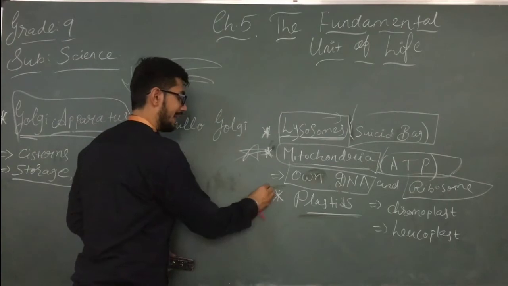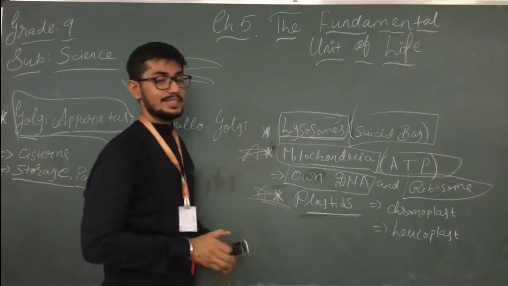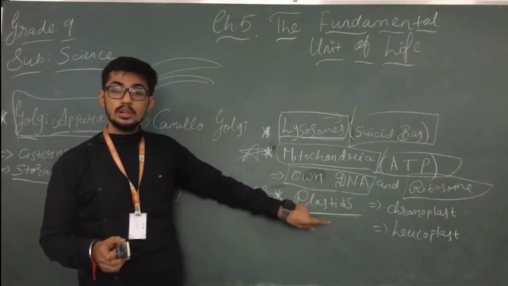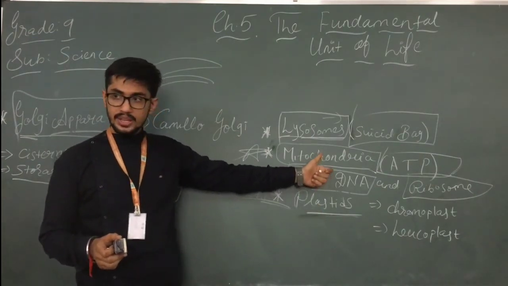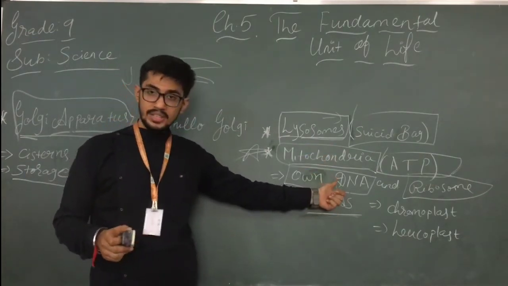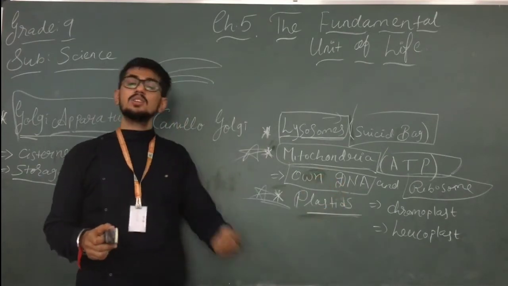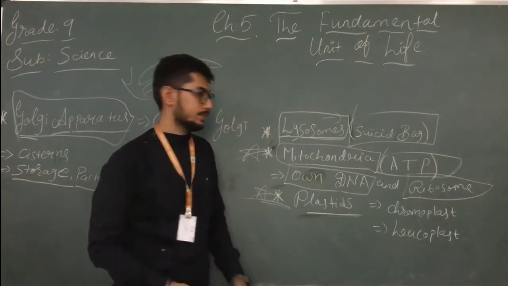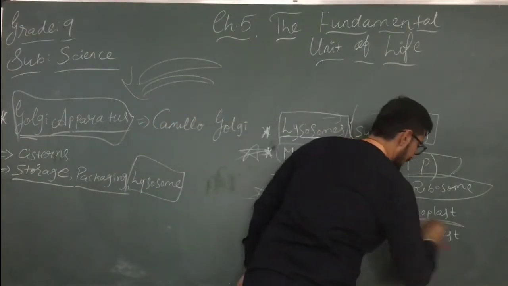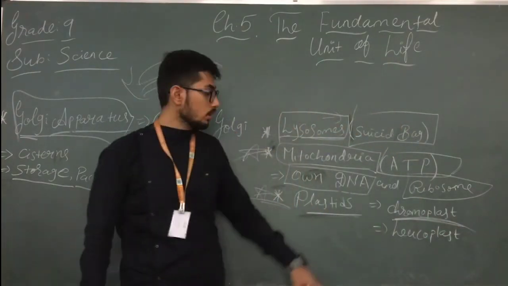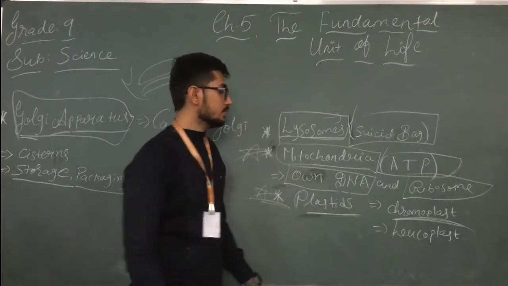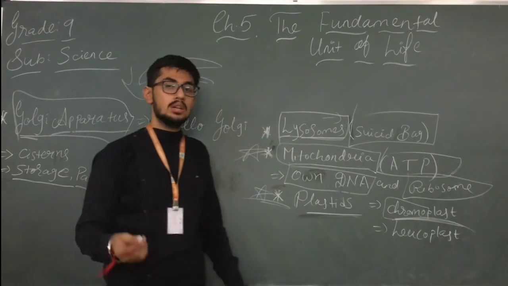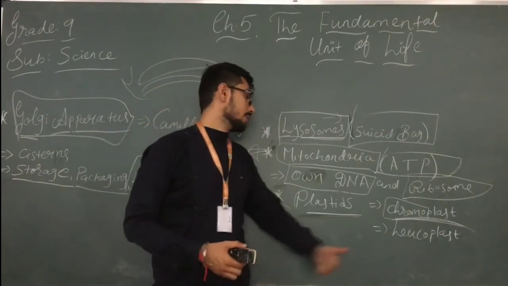Next one is plastids. Now, plastids are present in plants only. This is also something similar to mitochondria. They also have their own DNA. Now, there are two kinds of plastids: chromoplast, leucoplast. If I talk about chromoplast, in this word chromo, chromo means color. Chroma का मतलब क्या होता है?